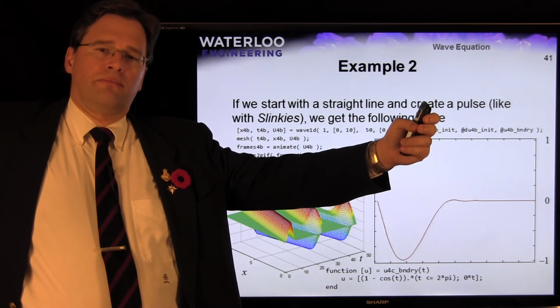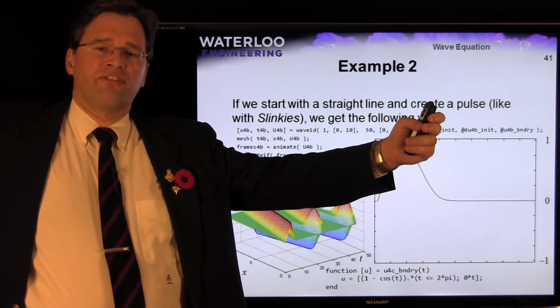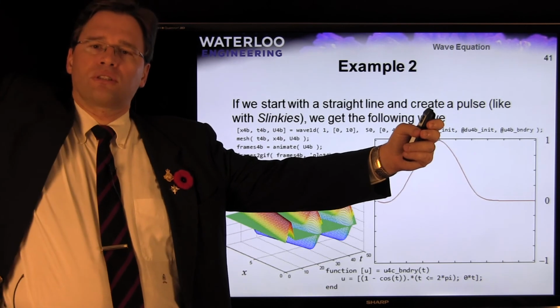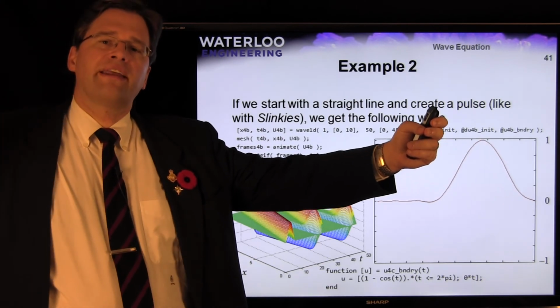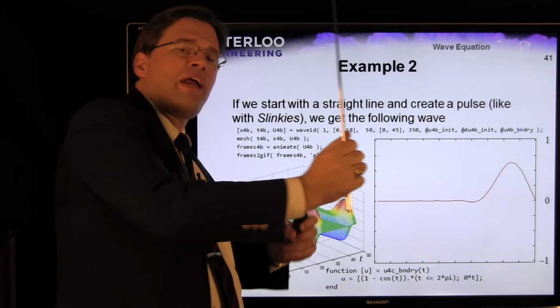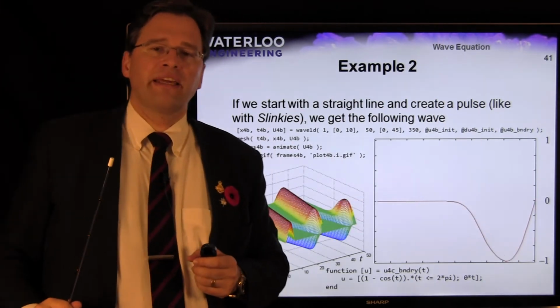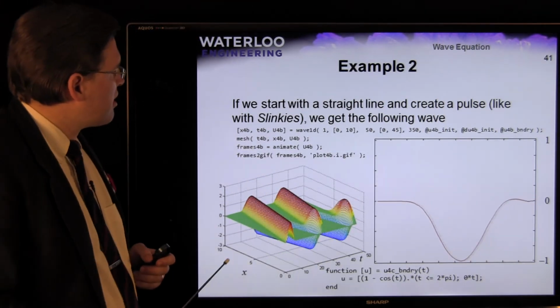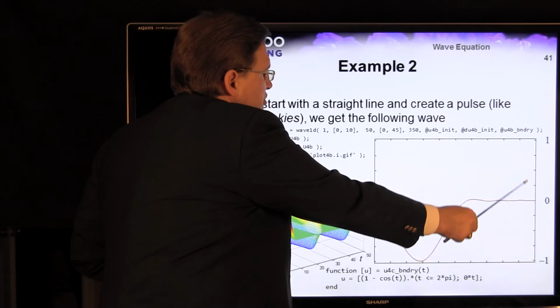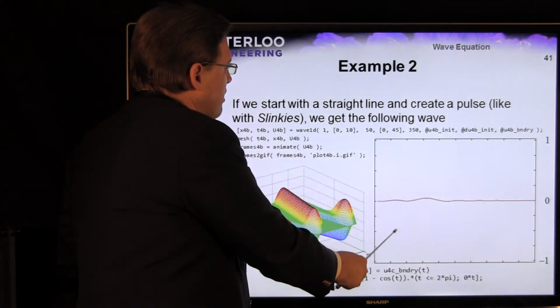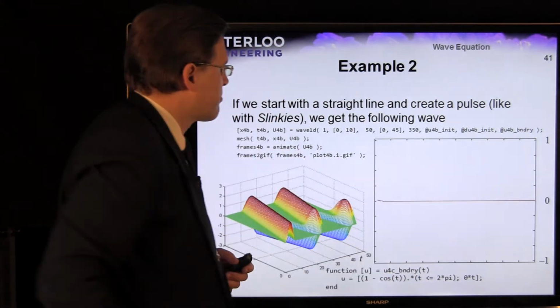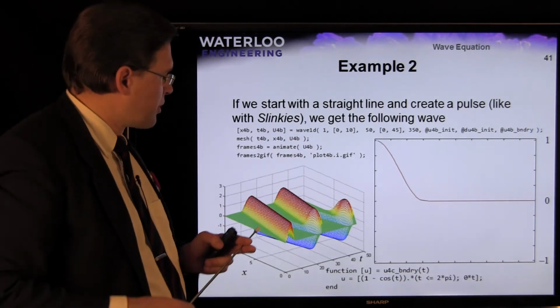Now, how is a pulse defined? Well, in this case, we're going to define a pulse by a cosine function. And now, that wave is going to propagate along the slinky. As we've seen, the wave propagates along, reflects, and then propagates back, and then keeps on reflecting. So again, we start.